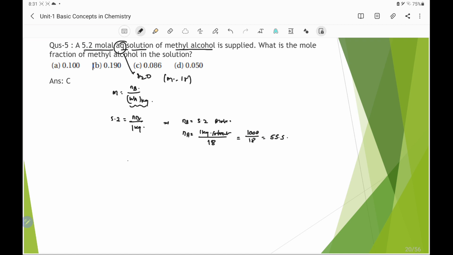This implies that the mole fraction of the methyl alcohol, which is the solute, that is XB, will be equal to NB by NA plus NB, and number of moles of the solute is 5.2, divided by 5.2 plus 55.5, or it is equal to 5.2 by 60.7, and on solving we will get the value 0.086. Hence option C is the correct option.